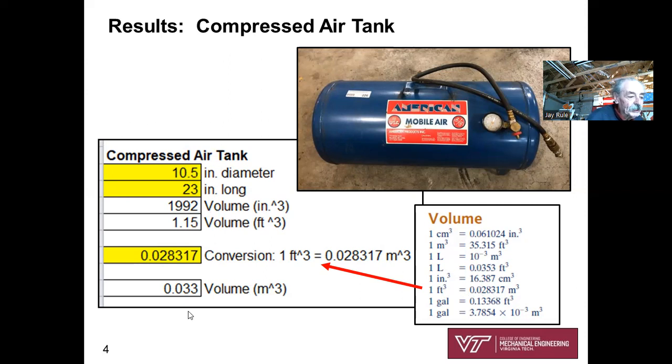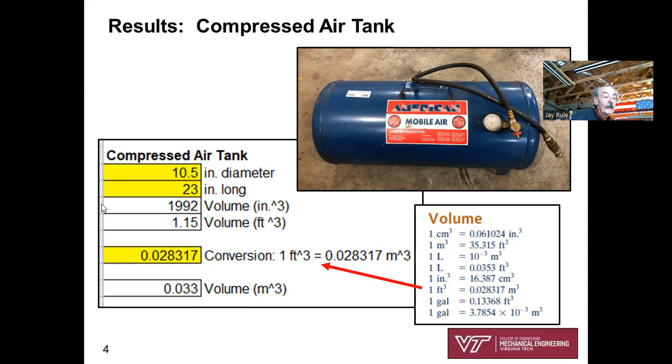And so the volume in cubic meters is 0.033 cubic meters. So what you're looking at with your eyes, both on the screen and live, is a little over 1 cubic foot and a tiny fraction, 0.033 cubic meters.